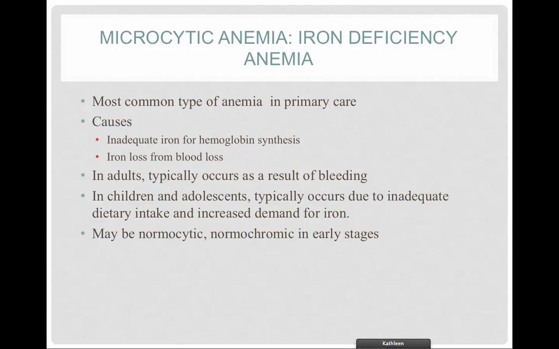Transferrin is a plasma protein that transports iron through the blood to the liver, spleen, and bone marrow, and this reflects iron transport. So I'll say that again. Transferrin, a plasma protein that transports iron through the blood to the liver, spleen, and bone marrow. And this reflects iron transport.